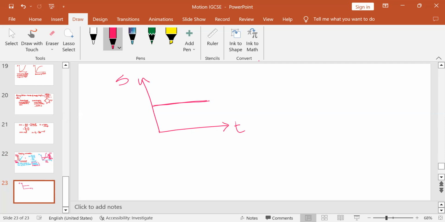It's constant. Constant acceleration, constant speed. Bravo. Constant speed. What about the acceleration?